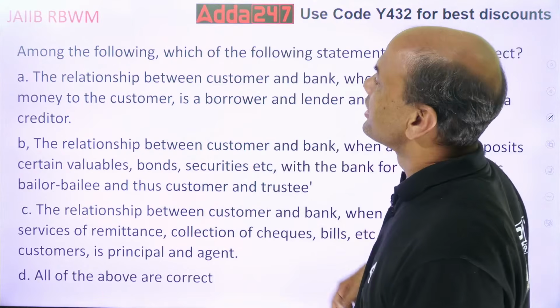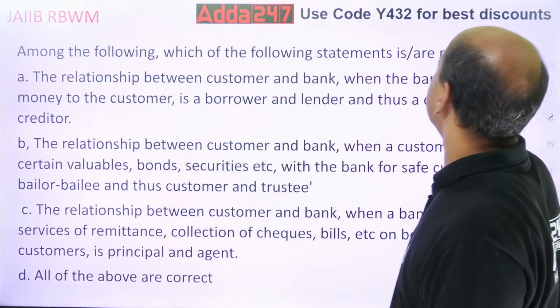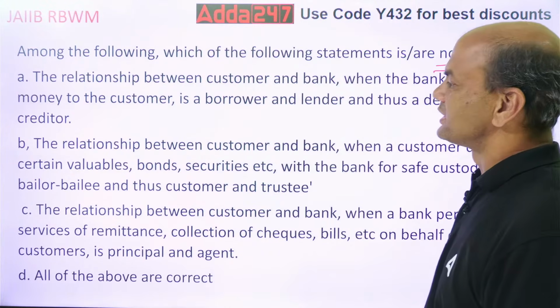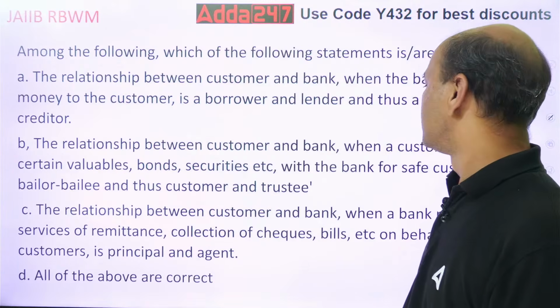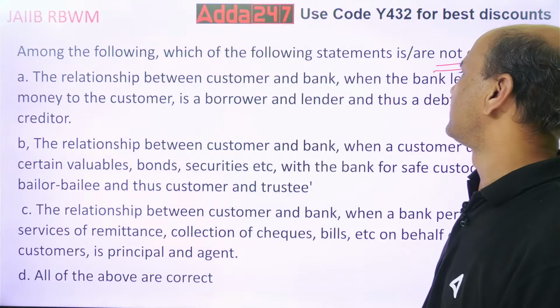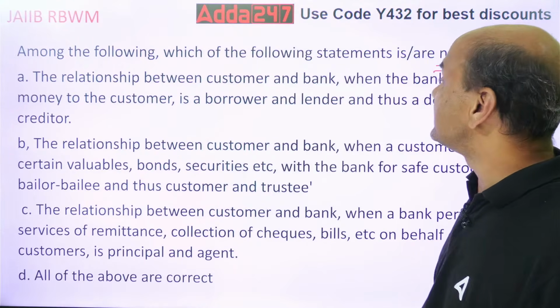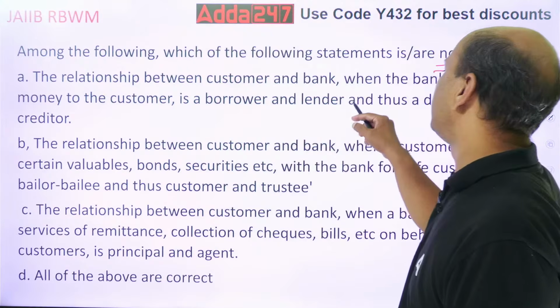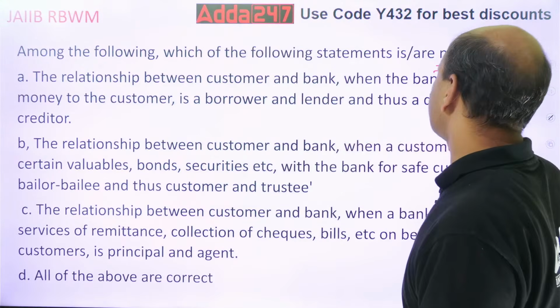Which of the following statements are not correct? Now check this. The relationship between the customer and the bank, when the bank lends money to the customer, is a borrower and lender, and thus a debtor and a creditor.